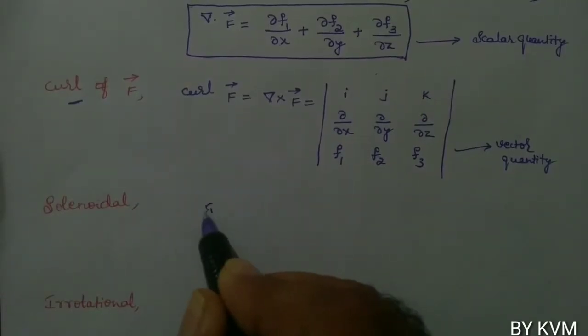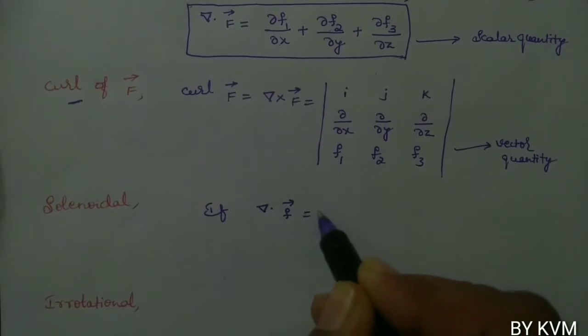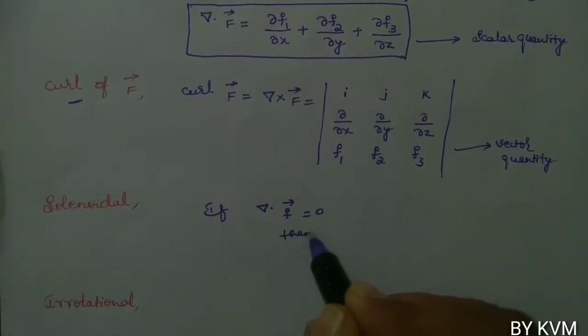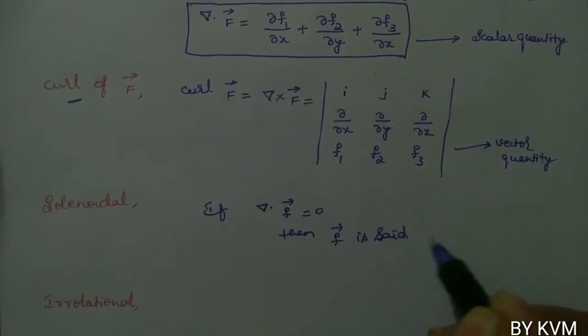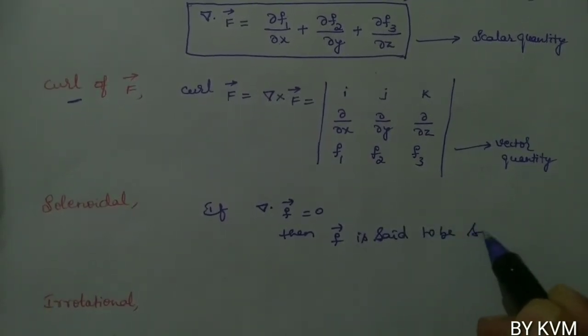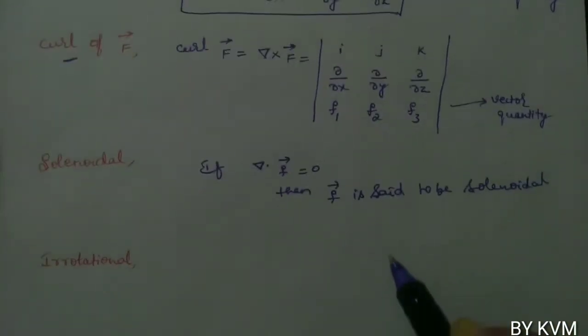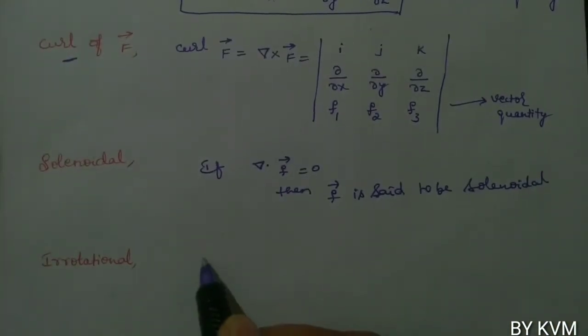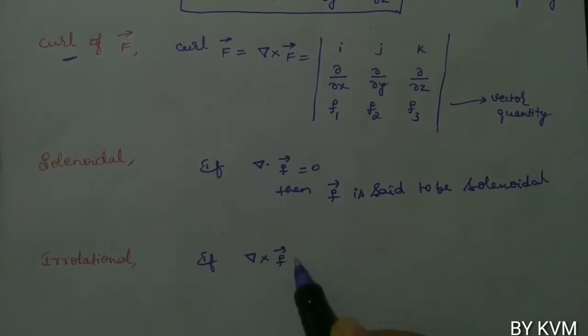Solenoidal: if del dot vector f equals 0, then vector f is said to be solenoidal, and irrotational: if curl of vector f, that is del cross f, equals 0, then vector f is said to be irrotational.